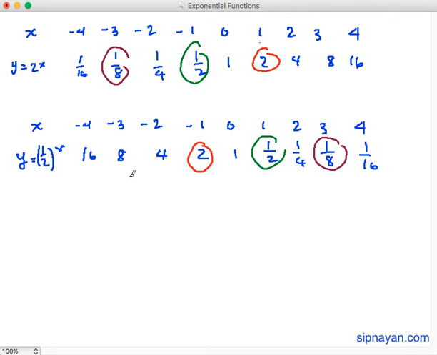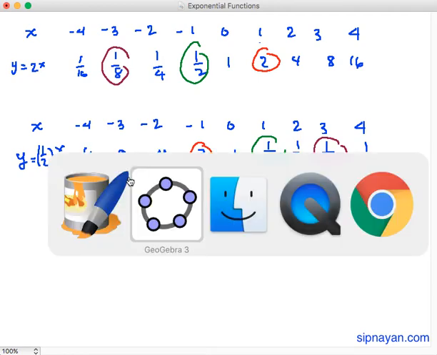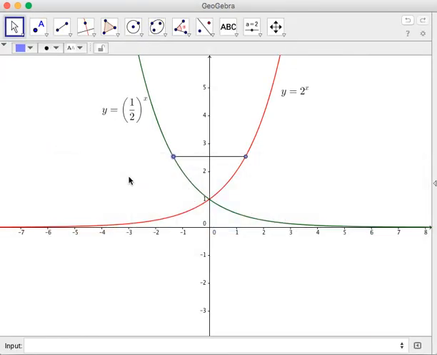I think that's one of the characteristics of exponential functions that you should know. So what about 1/3 to the x? Is it also a reflection of 3 raised to x? Here is y equals 3 raised to x, and the other one is y equals 1/3 raised to x.